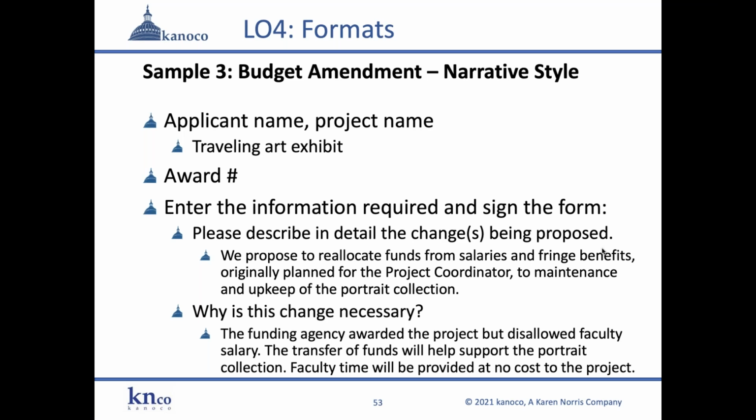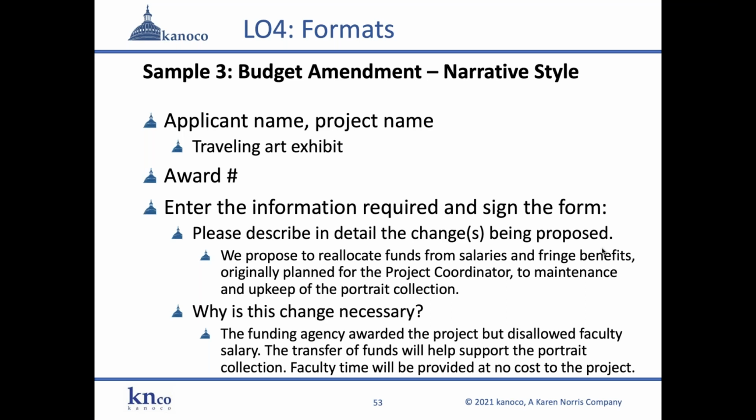And this is a budget amendment that was for a traveling art exhibit. The award was made to an institution of higher ed, and they had an art exhibit that faculty were traveling to the different middle schools and high schools in the county, and they were presenting this art exhibit to the different schools.